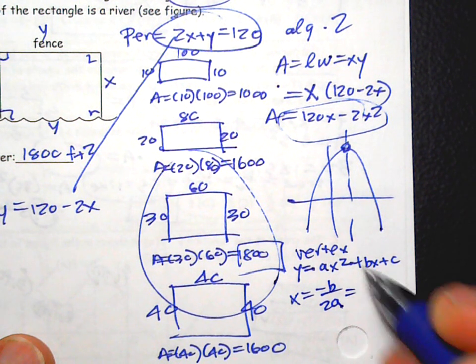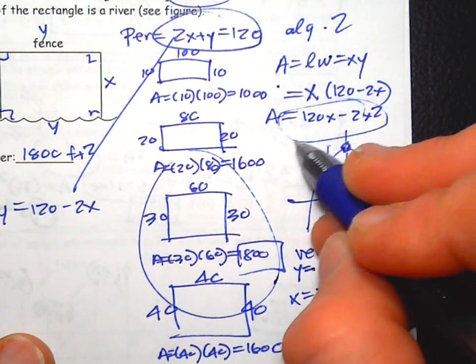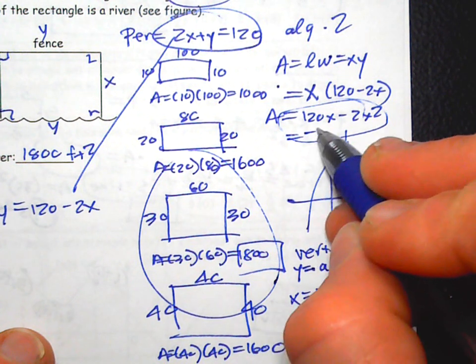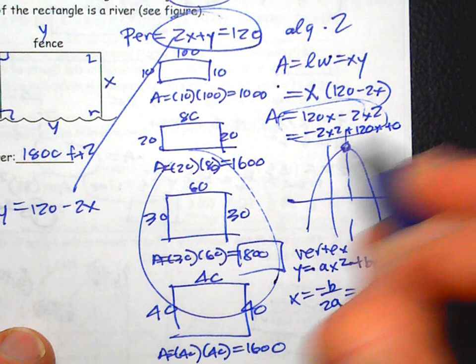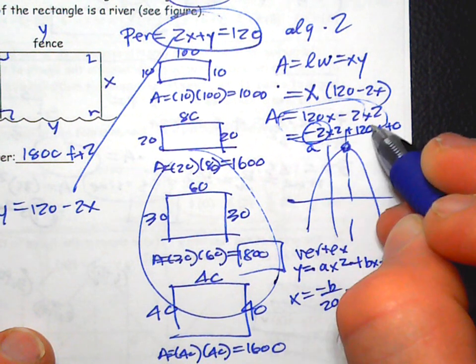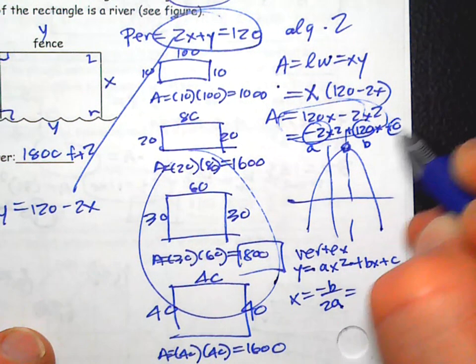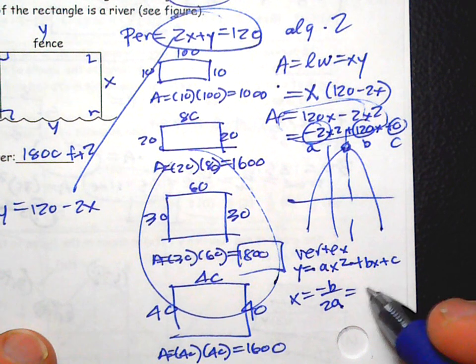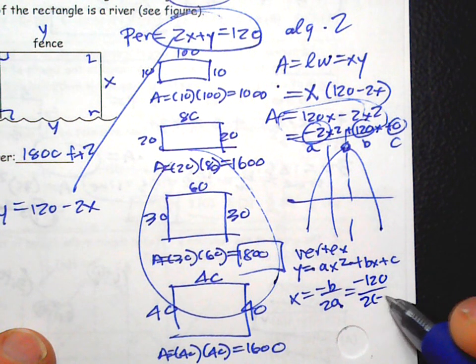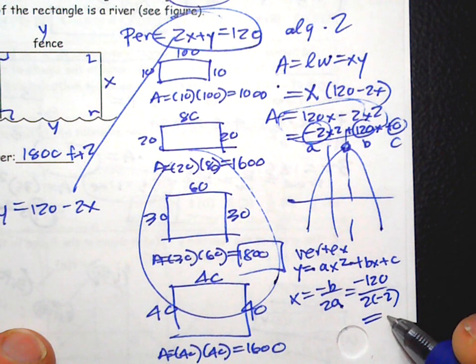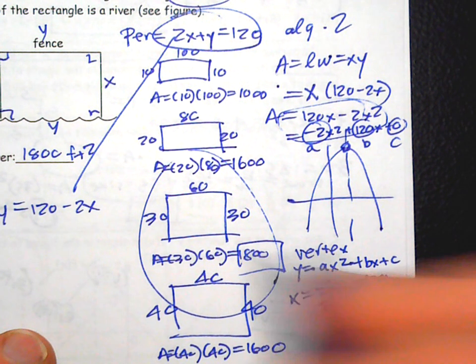So this would need to be written in standard form, negative 2x squared plus 120x plus 0. So the a is what's in front of the x squared, the b is what's in front of the x, and the c is the last number. So negative b over 2 times a would be negative 120 over negative 4 would be 30. It says that x has to be 30.